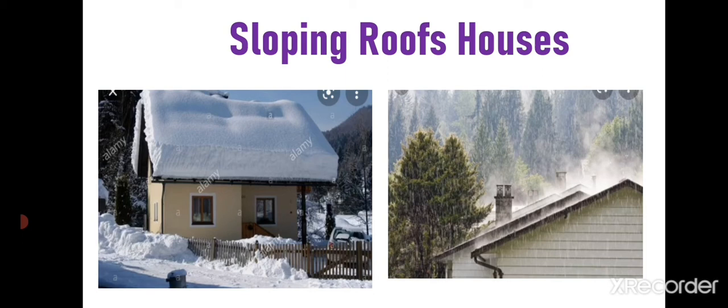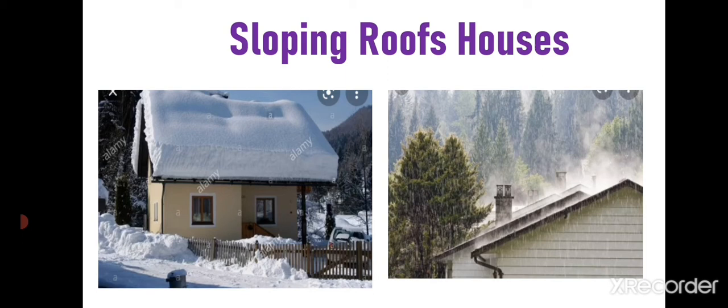These kind of houses are found in the areas where it rains or snows heavily. Children, here you can see pictures of some sloping roof houses. Here it can be seen clearly the roofs are slanting. So can you think why sloping roofs are made here?